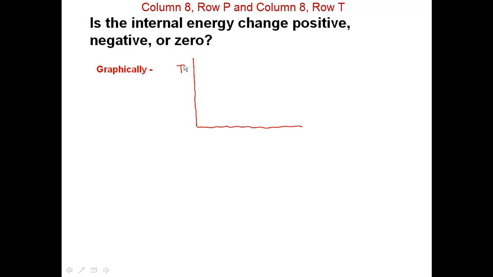So here we have TV, and we can put on here our constant pressure expansion from V1 to V2, initial state to final state, and our isothermal or constant temperature process then comes out here. So this would be then state 2P, and this is our constant temperature, so this would be state 2T.